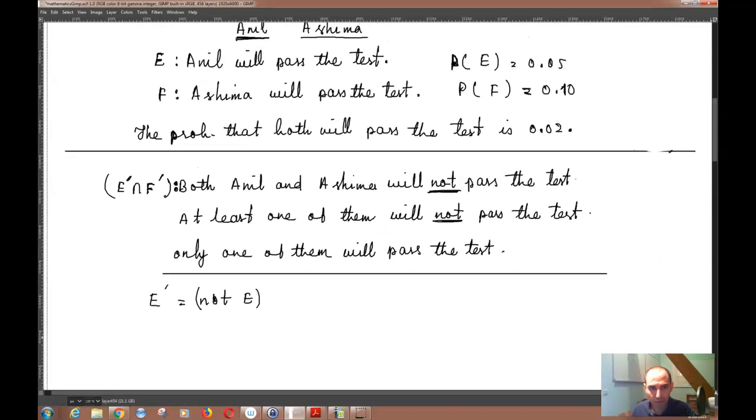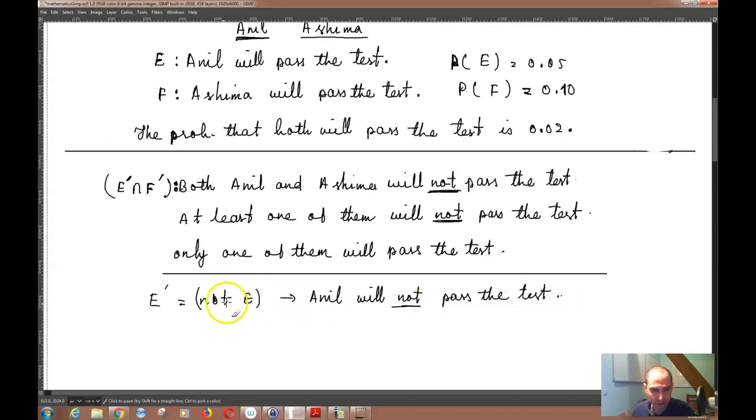Based on this event, you would write not E as Anil will not pass the test.